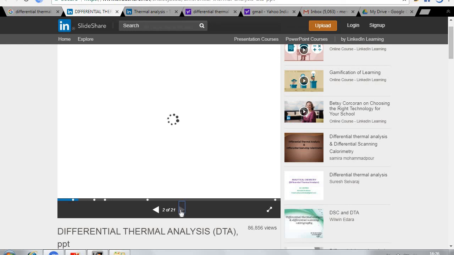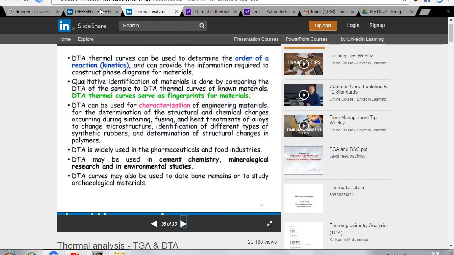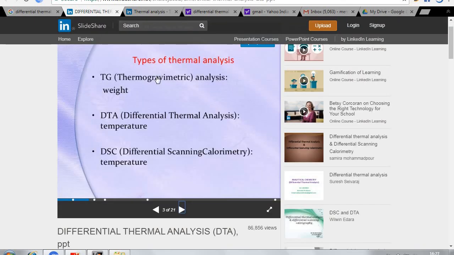Okay, so I think with this we will wind up this particular topic. Maybe I can show you the schematic diagram. Okay, I think this will do. If you look for other notes as well, there are so many PowerPoints and PDFs available. You can refer to them for further notes.